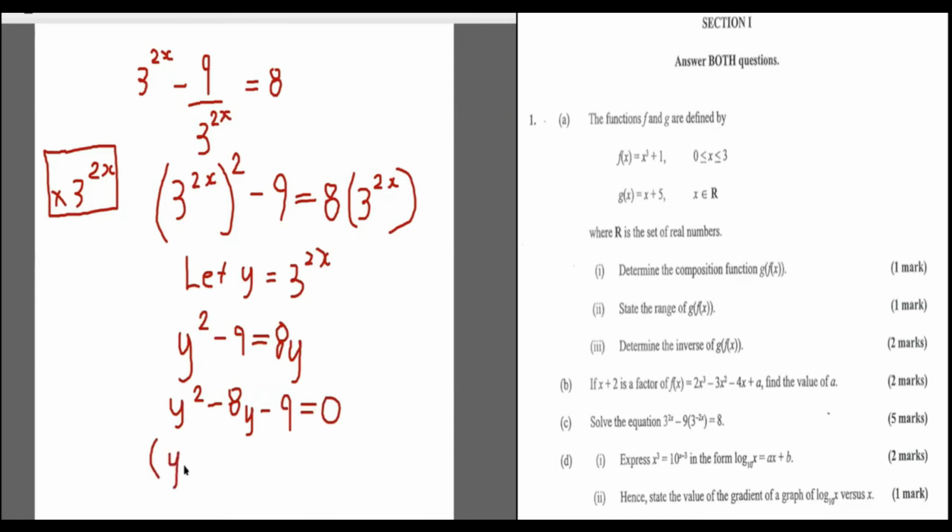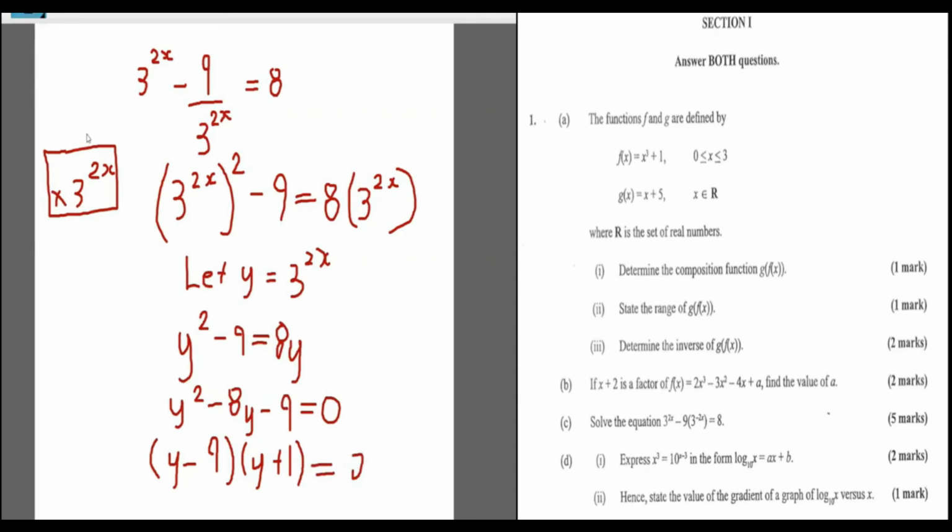The two factors are y minus 9 and y plus 1. So we factorize it, and this is what we get: y minus 9 times y plus 1, and that's, of course, equal to 0.